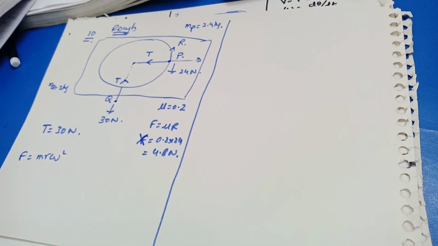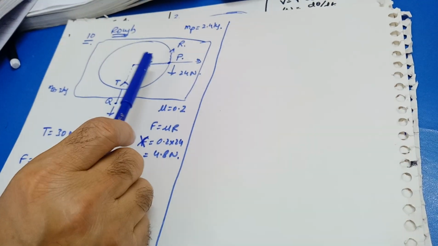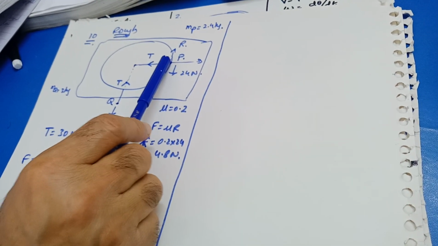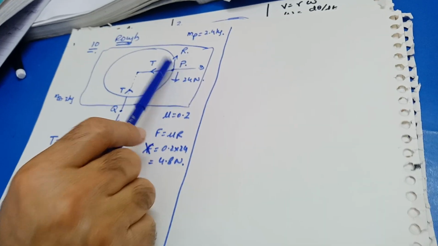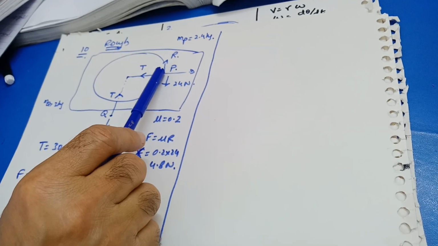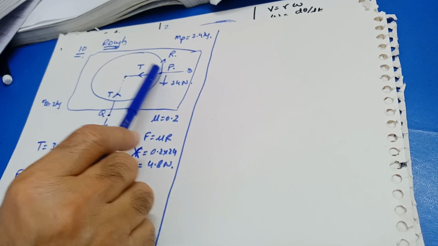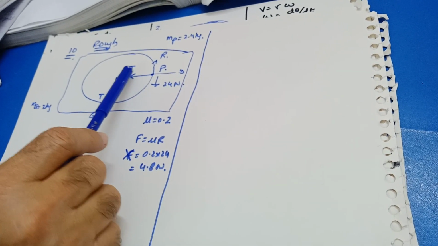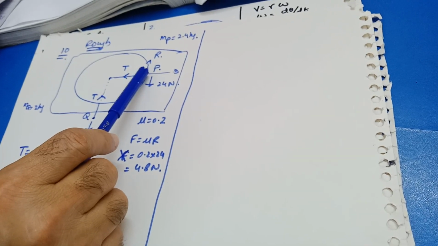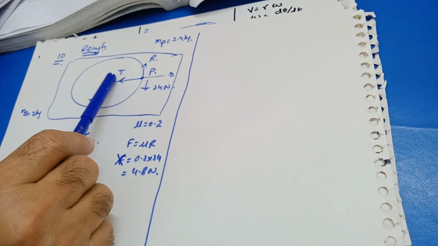Okay, now there can be two cases of this equilibrium, this limiting equilibrium thing. One is when this P is about to slide inside. In this case, this tension would be trying to pull this P towards the center of this circle.